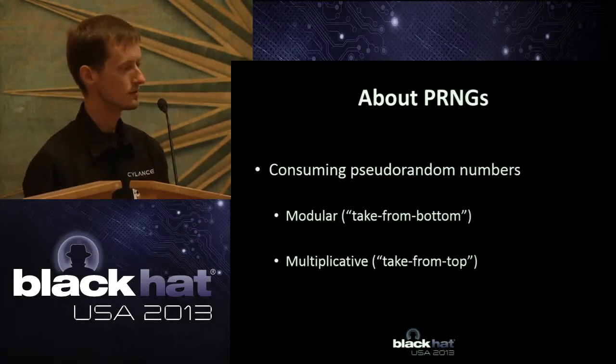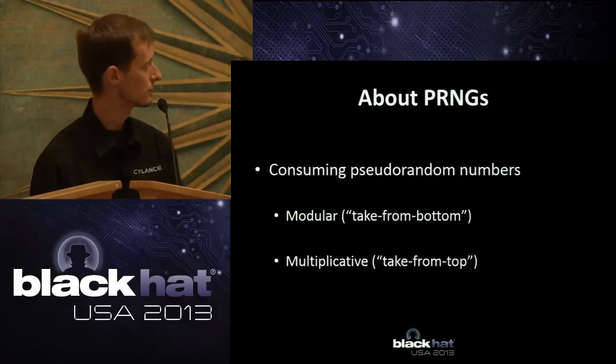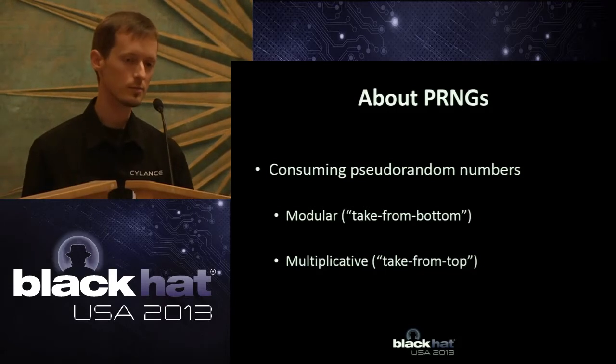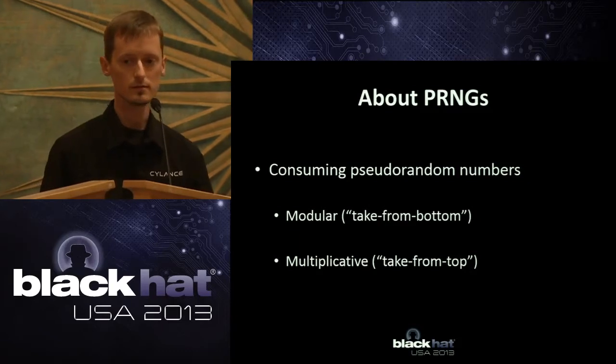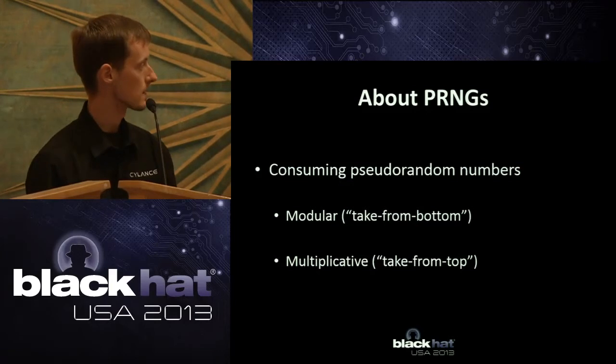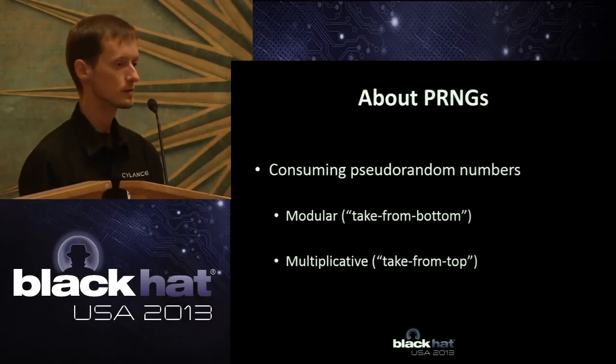Now that process of processing a pseudorandom number into one of these output numbers, we're conceptualizing it as happening in one of two modes. And this is a pretty useful, pretty accurate generalization. This typically happens in one of two ways, either modular.